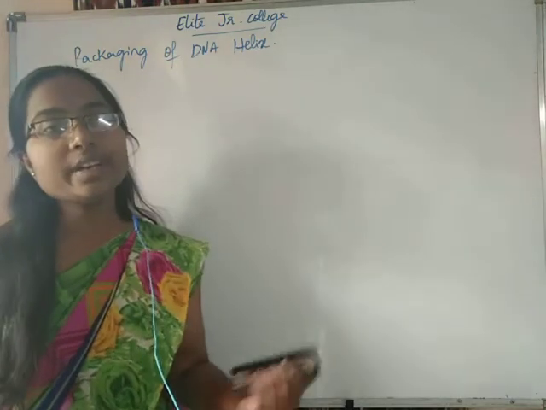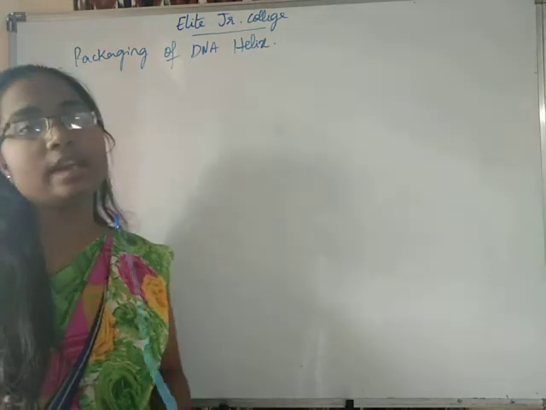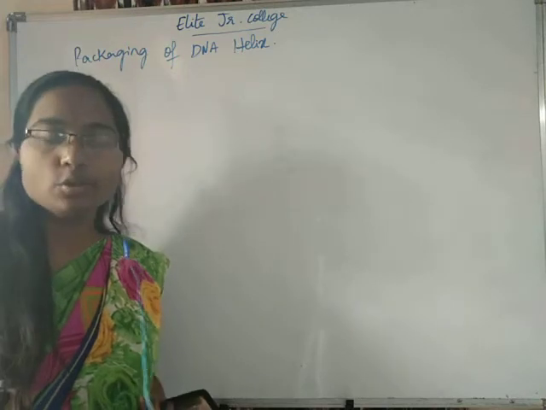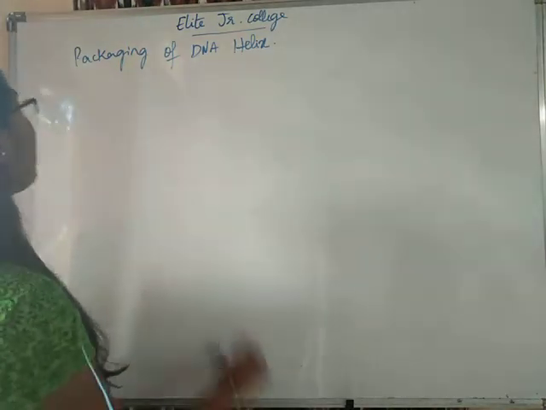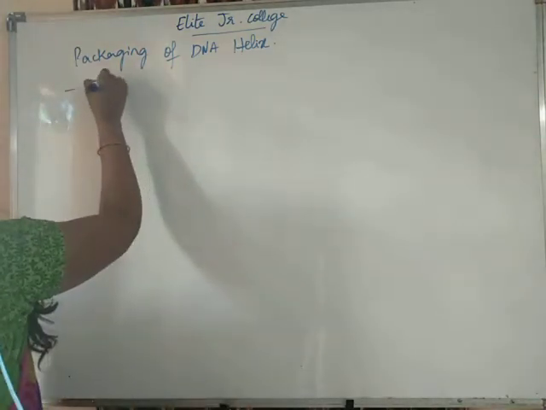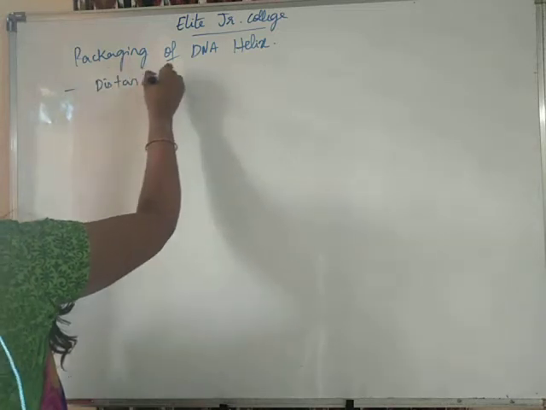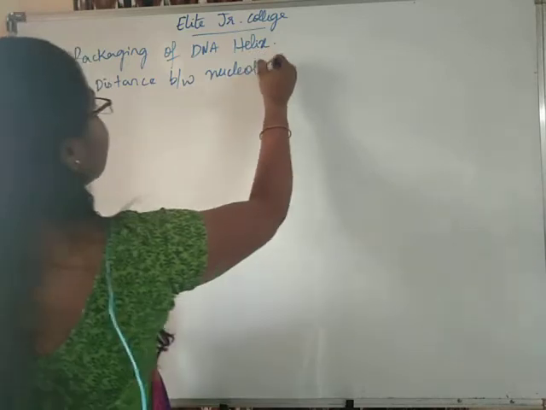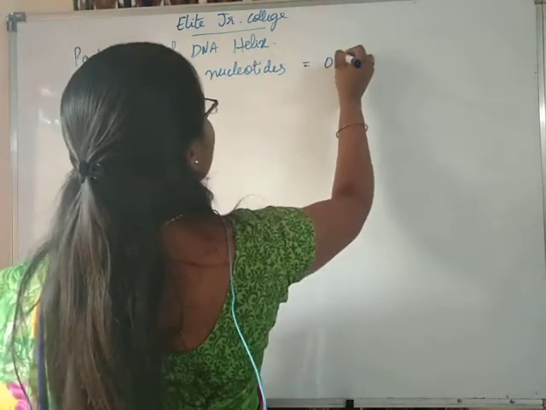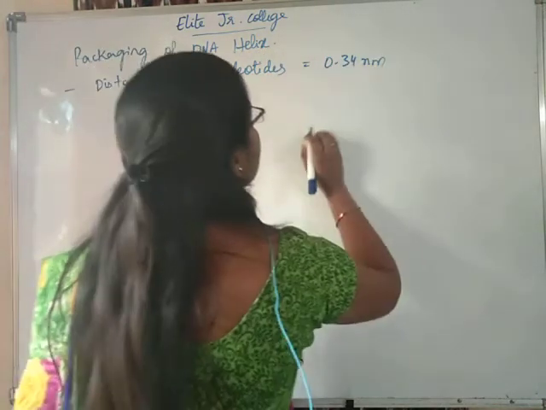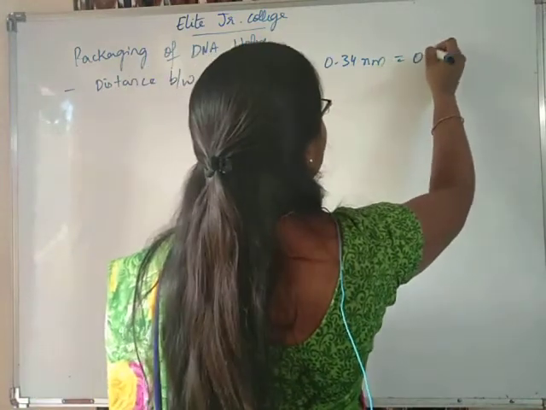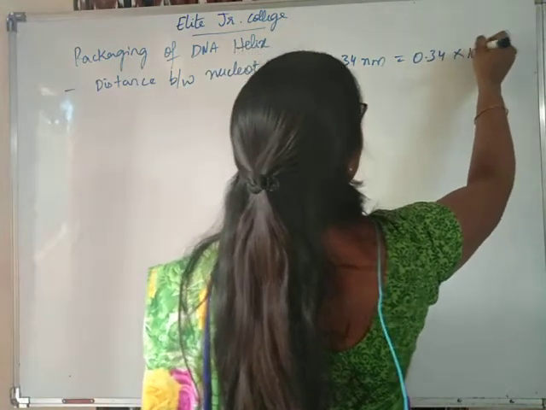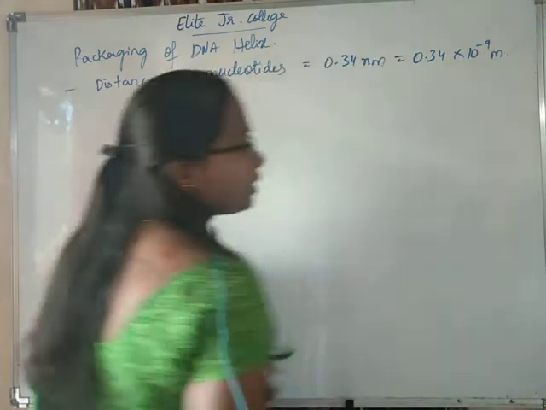So, students, we can calculate the length of the DNA from two factors that we know. We have already learned that the distance between nucleotides is 0.34 nanometers, which is equal to 0.34 into 10 to the power of minus 9 meters.